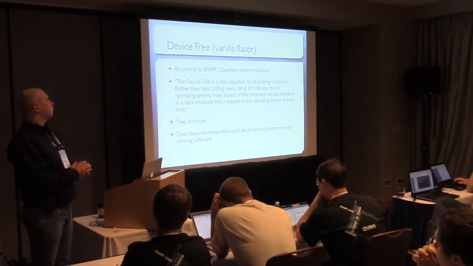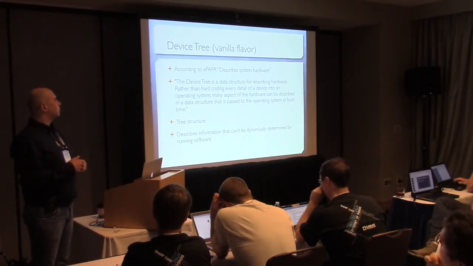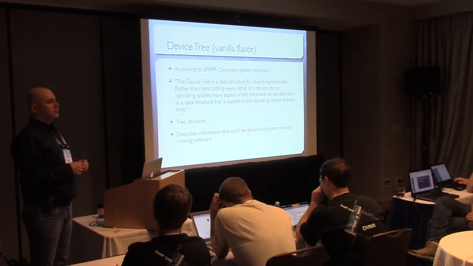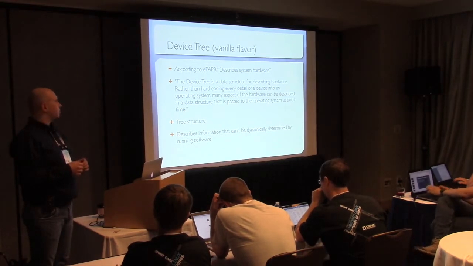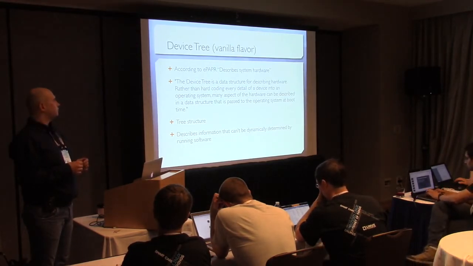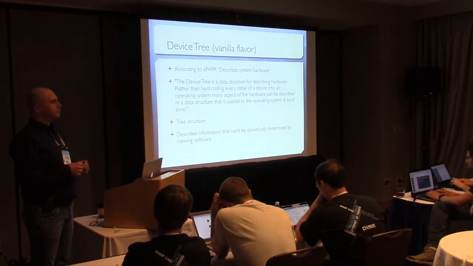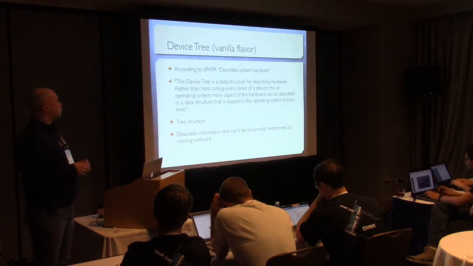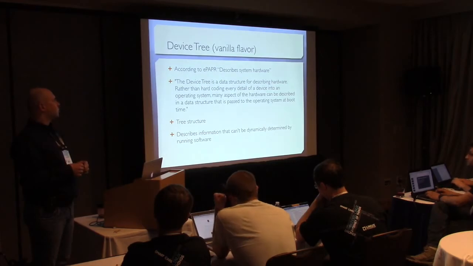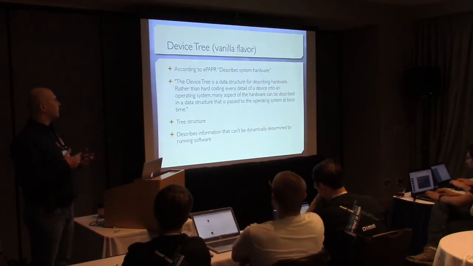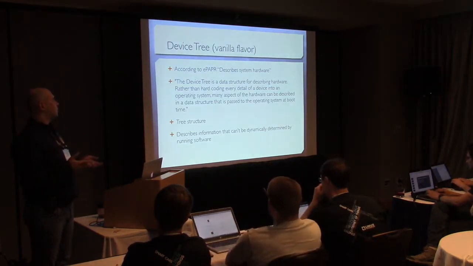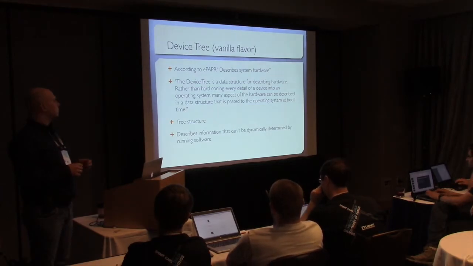So when we talk about device tree, what are we talking about? We have the Bible of device tree, which is a document called ePAPR, and it says, describe system hardware. And I quote, device tree is a data structure for describing hardware, rather than hard coding every detail of the device into the operating system.